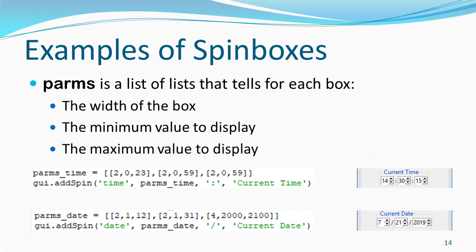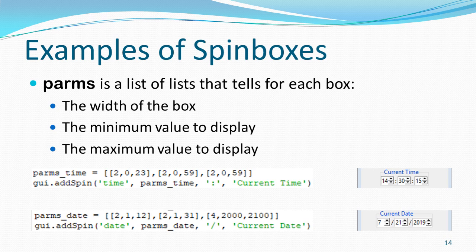We're going to create a spin box for when you enter time. So it's going to be parms time. And you can see it's a list of 3 lists. Each element in the internal list tells exactly how those boxes are to go. For time, we want the first box to be 2 characters wide, starting at 0 and ending at 23.